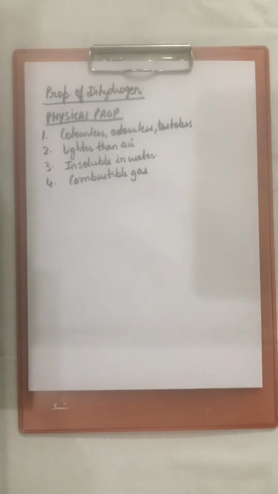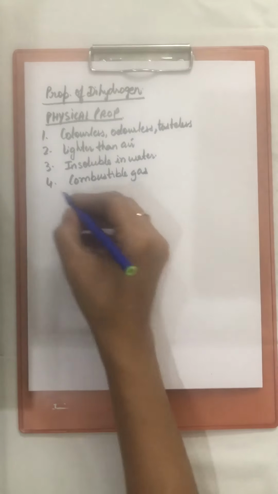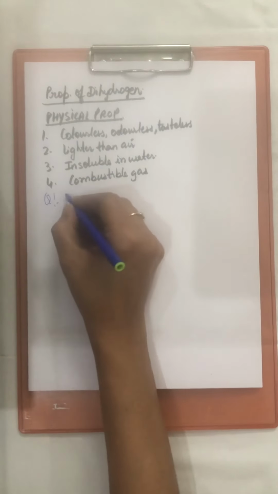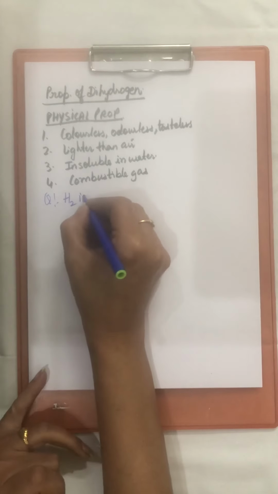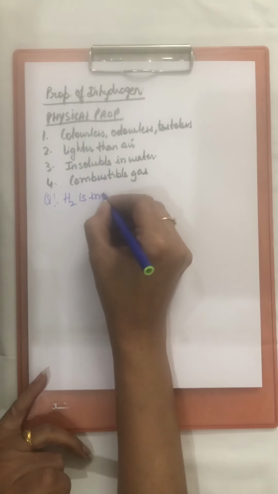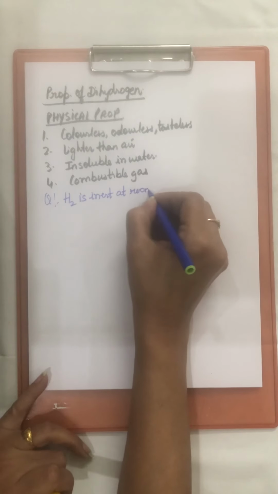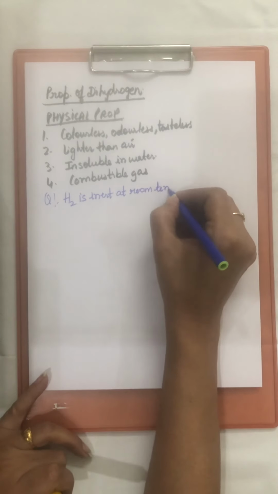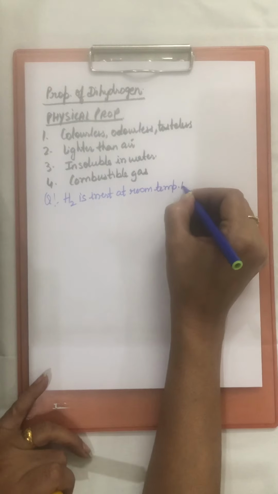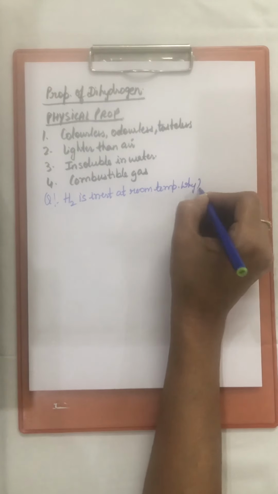Now one question we have: hydrogen is relatively inert at room temperature. It does not react at room temperature. Why?